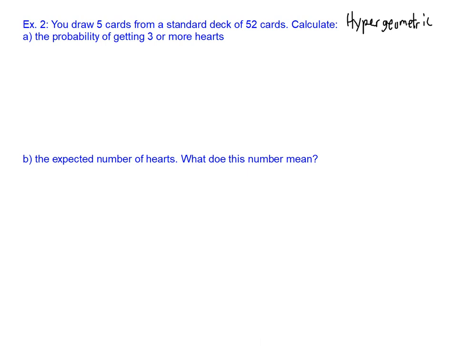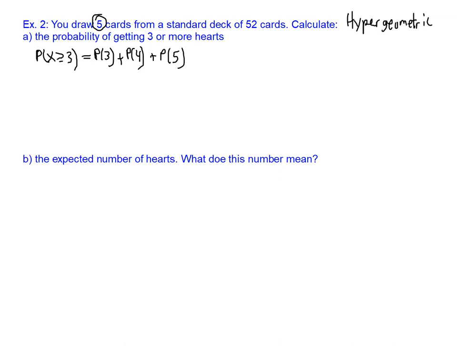So what that's really asking is, what is the probability that x is greater than or equal to 3? Well, the probability of getting 3 or more hearts is just equal to the probability that we get 3 hearts plus the probability that we get 4 hearts plus the probability that we get 5 hearts. We stop at 5 because this is a 5 card hand. We can't have any more than 5 hearts in a 5 card hand.